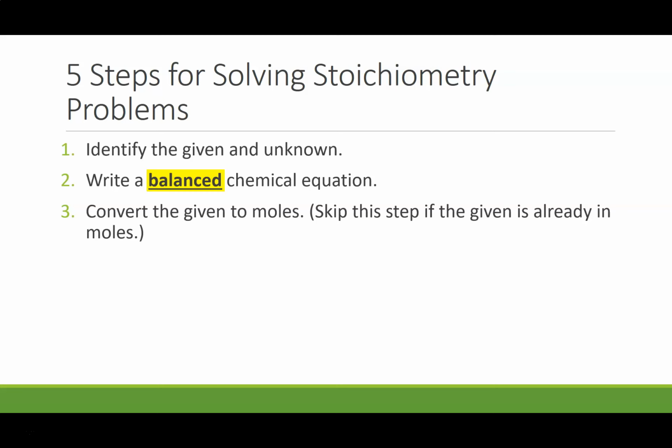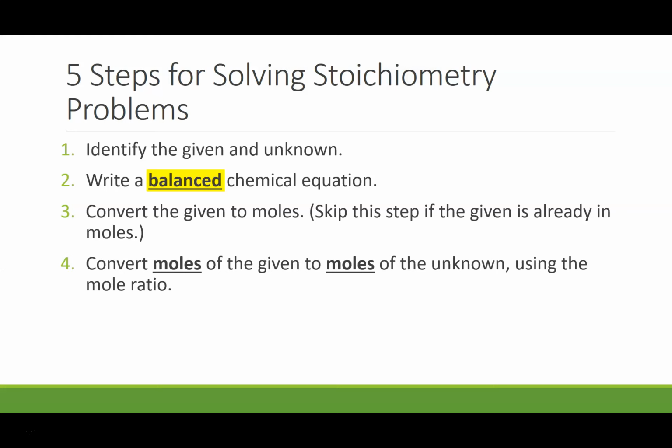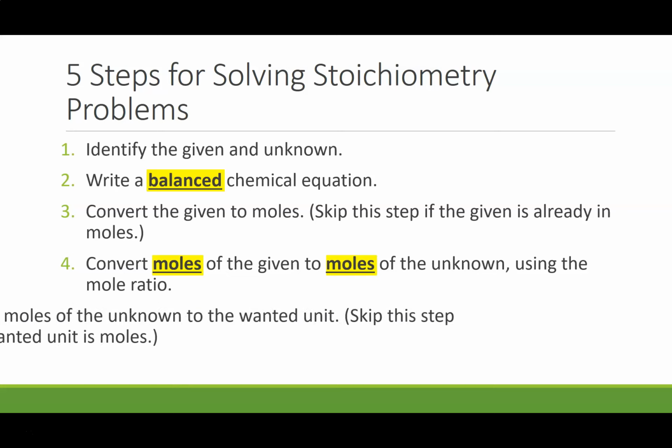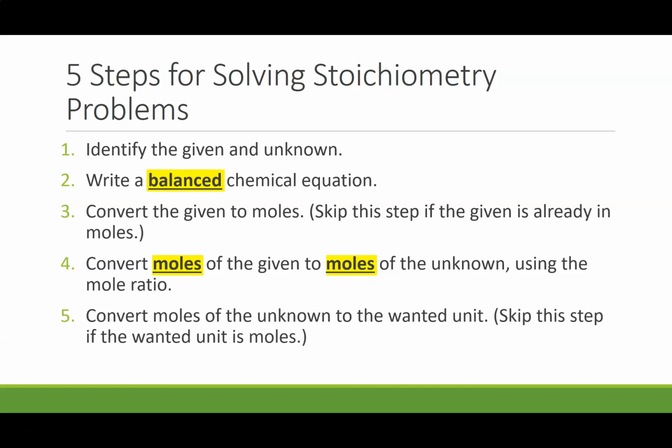If the given's already in moles, you can skip this step. Step 4, convert the moles of the given to the moles of the unknown, and you would use the mole ratio to do this. And finally, convert the moles of the unknown to the wanted unit, and we can skip this step if the wanted unit is moles.